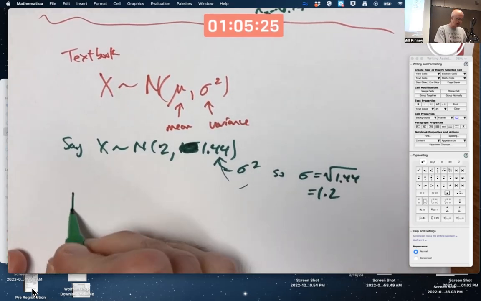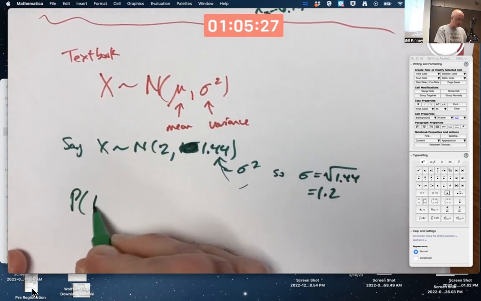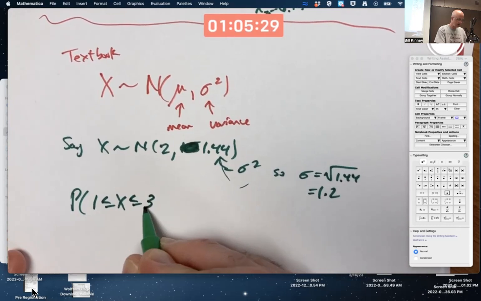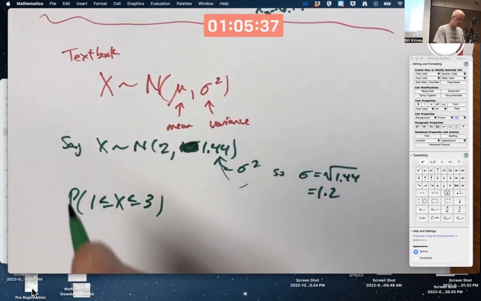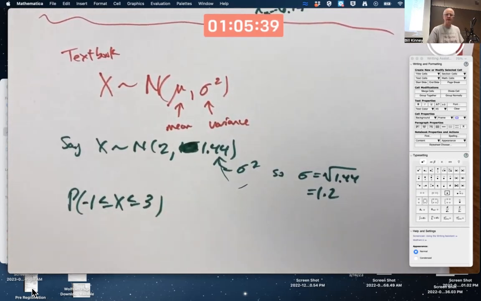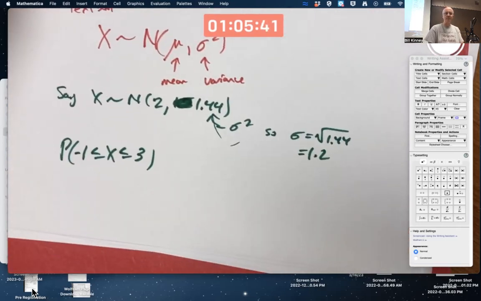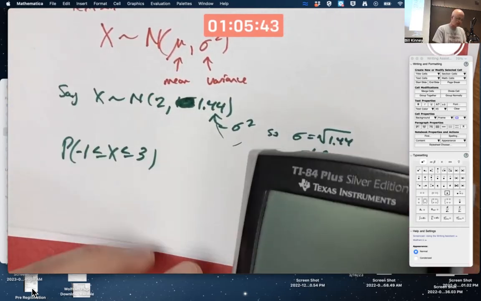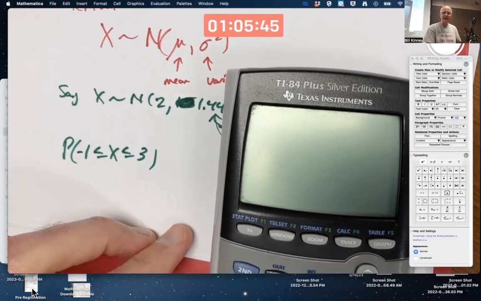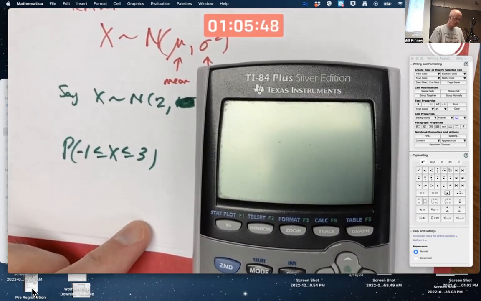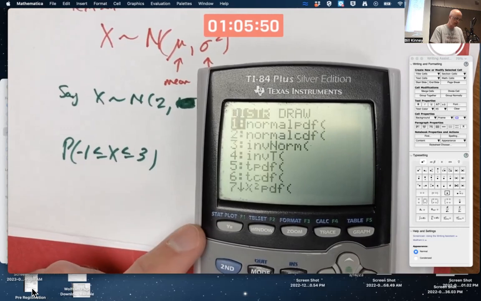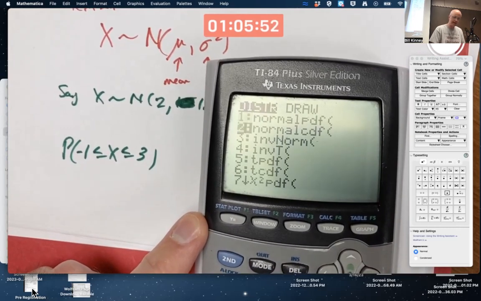And what's the probability that, say, X is between 1 and 3? Well, maybe negative 1 and 3, just to make it a little different. Make it not centered on 2. Quickest way to get the answer with your calculator: go to your distribution menu, CDF.